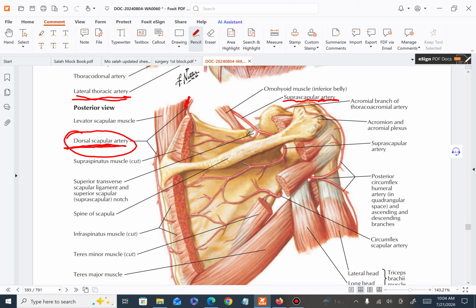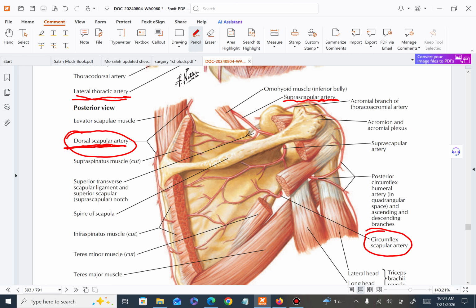These arteries come from the first part of the subclavian artery. Then the branch from the third part of the axillary artery is the circumflex scapular artery, which arises from the subscapular artery, which is the branch of the third part of the axillary artery.